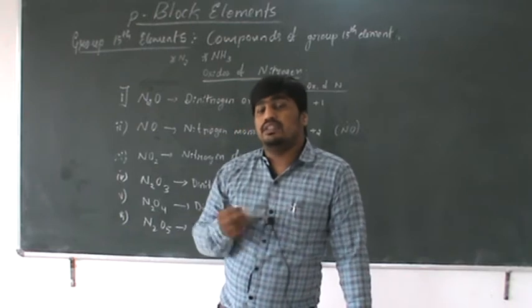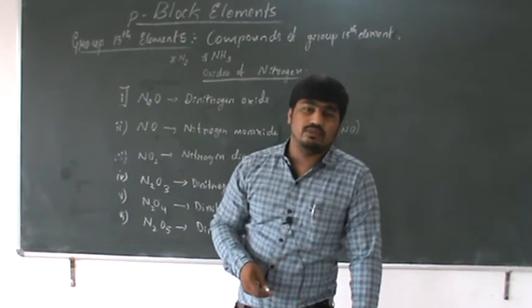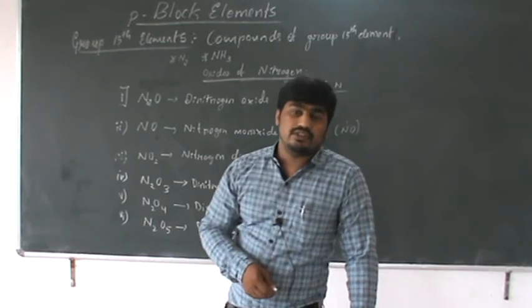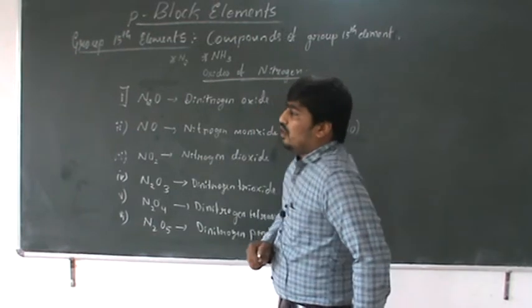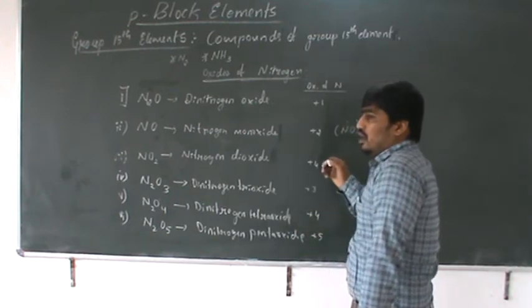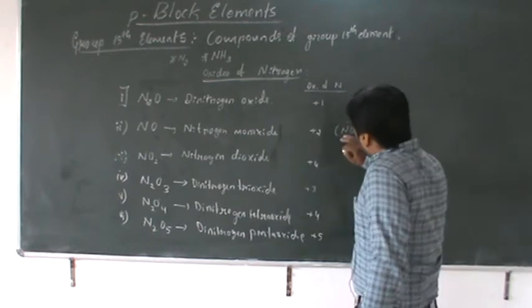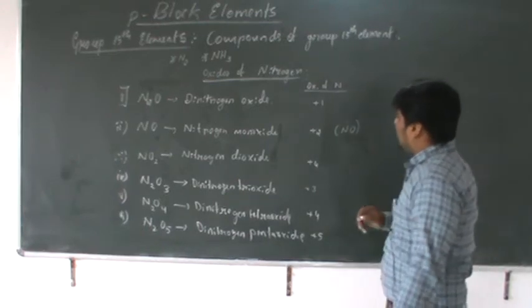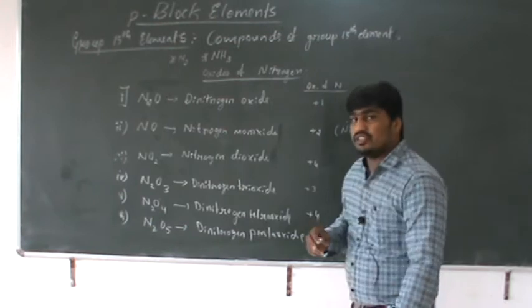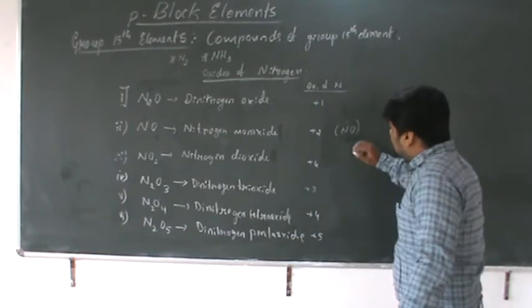When you observe the Lewis dot structure of nitrogen monoxide, please try to write it. Then you get the complete knowledge about the structure. In the Lewis dot structure of nitrogen monoxide, nitrogen contains an odd number of electrons.